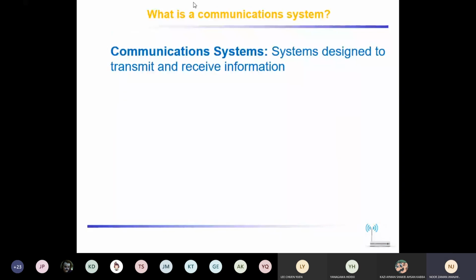Going ahead. Now, we have understood what is analog, what is digital, what is frequency, gigahertz, amplitude, period, cycles, what is the signal, what is the system. Now we are going one more step ahead.